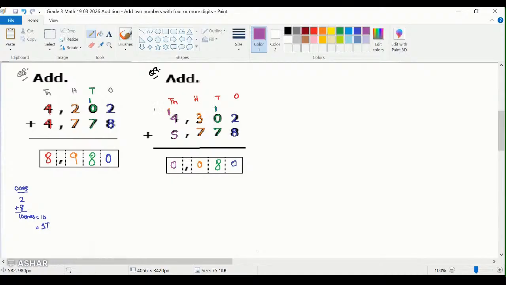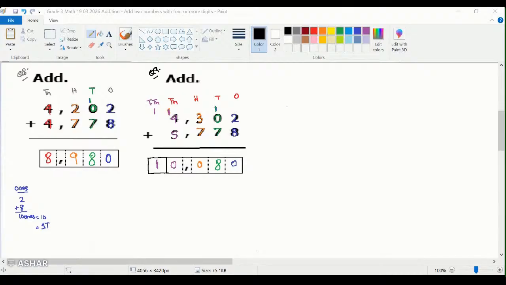So we carry 1 in 10 thousands. Therefore, the answer would be 10,080. Do we agree? It comes out to be 10,080.